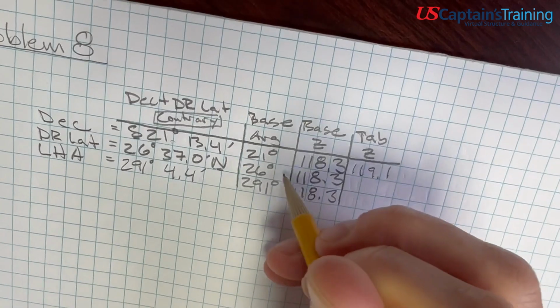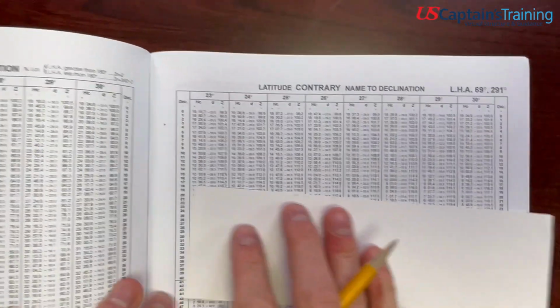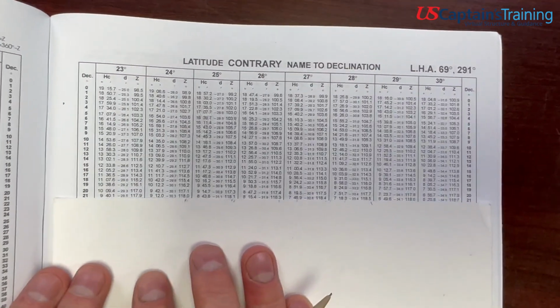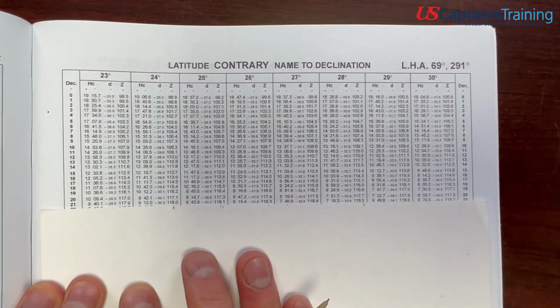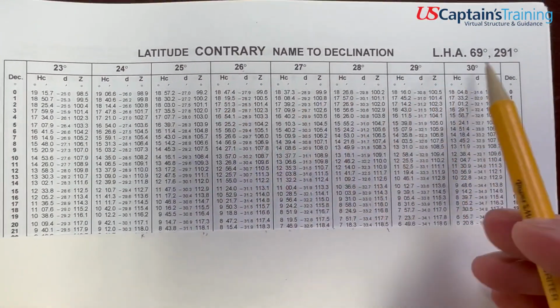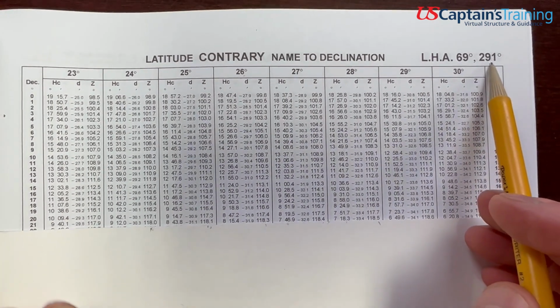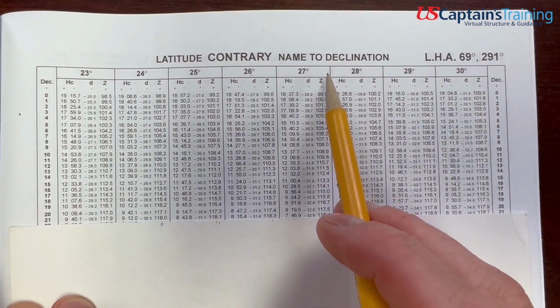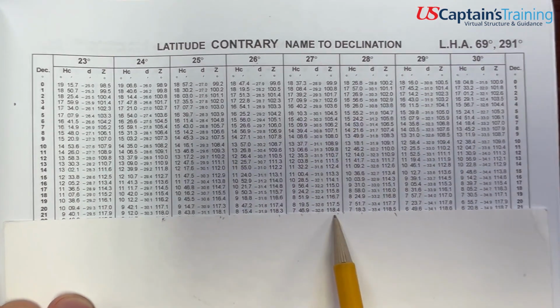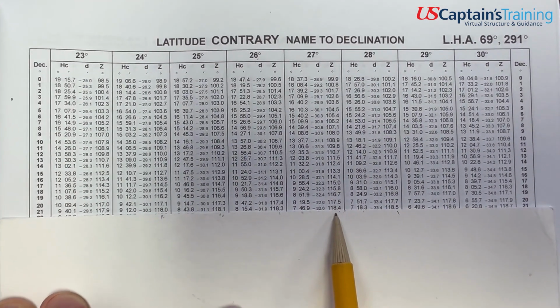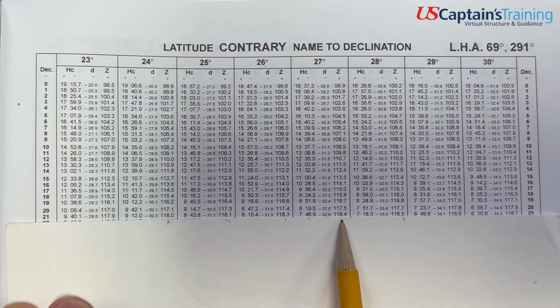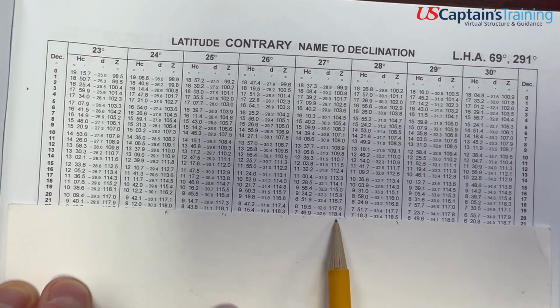And now we'll bump, so we'll go 21, 26. So we're going to be at 21. So contrary 291, 27, Z column down to 21, 118.4.